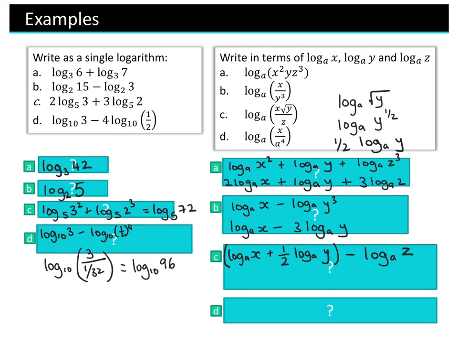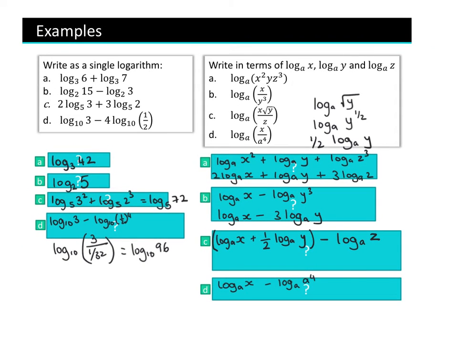Perfect. And then part D. Now, watch this. I am going to do this slowly, and this is magical. Here we go. Log to the base a of x minus log to the base a of a to the power of 4. Okay, I'm doing it step by step here. Honestly, this is so magical.